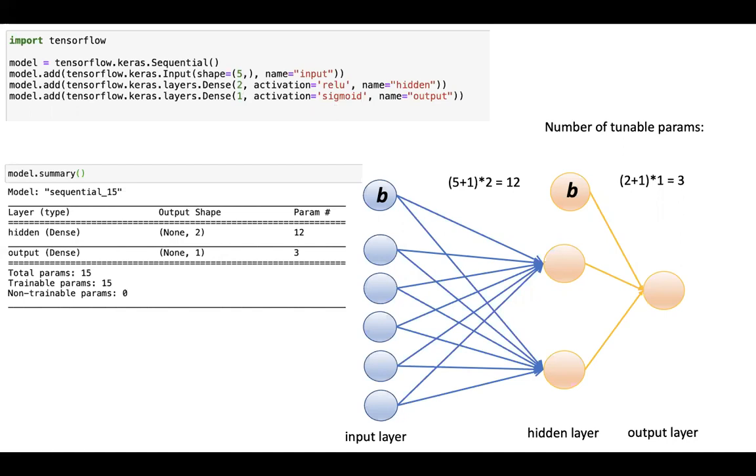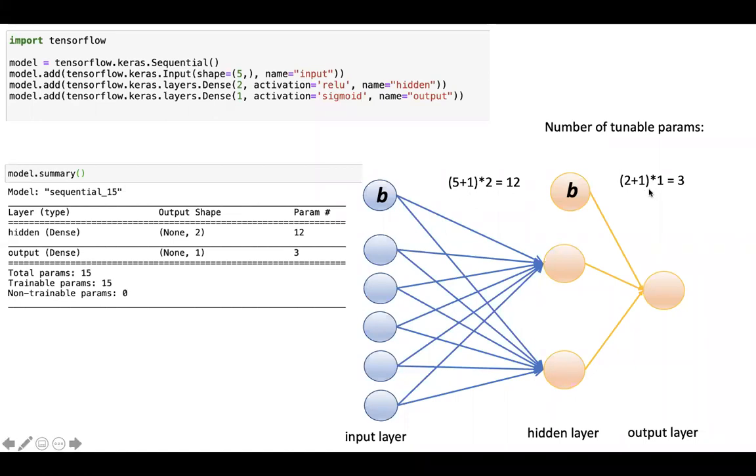So how many tunable parameters do we have here? We have 5 features plus 1 bias. So we have 6 parameters, and we have 2 hidden neurons. So in total, 12 parameters.